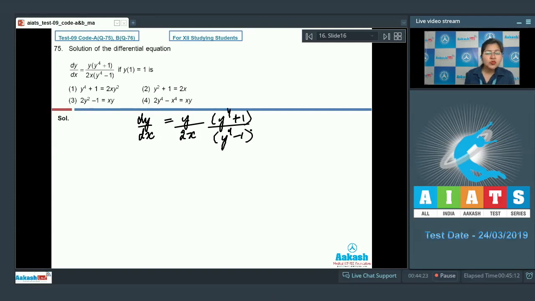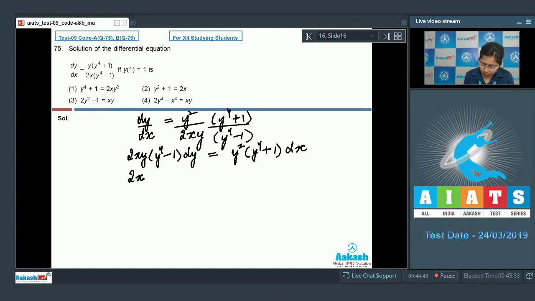Let us multiply in the numerator and denominator by y. So here we have y square and here we have 2xy. So this can be written as 2xy(y^4 - 1) dy is equal to y square(y^4 + 1) dx.